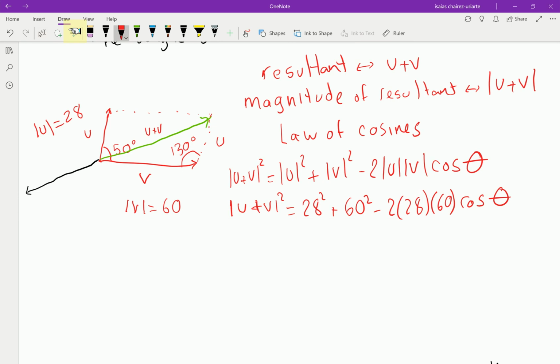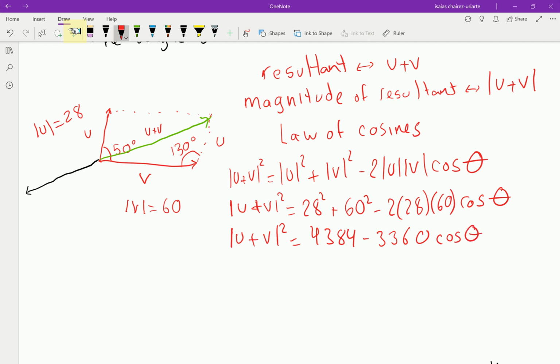Okay, so some arithmetic here. I get 4,384 minus 3,360 cosine theta.